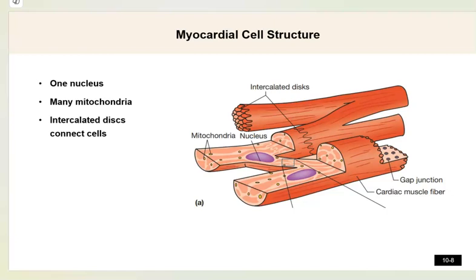With that all being said, the pores are non-selective channels that permit rapid movement of charges between the cells during action potential propagation along the thickness of the atrial and ventricular muscle walls. So this figure here is showing us the myocardial cell structure and the intracellular connections. The myocardial cells are relatively short and cylindrical, as you can see here.